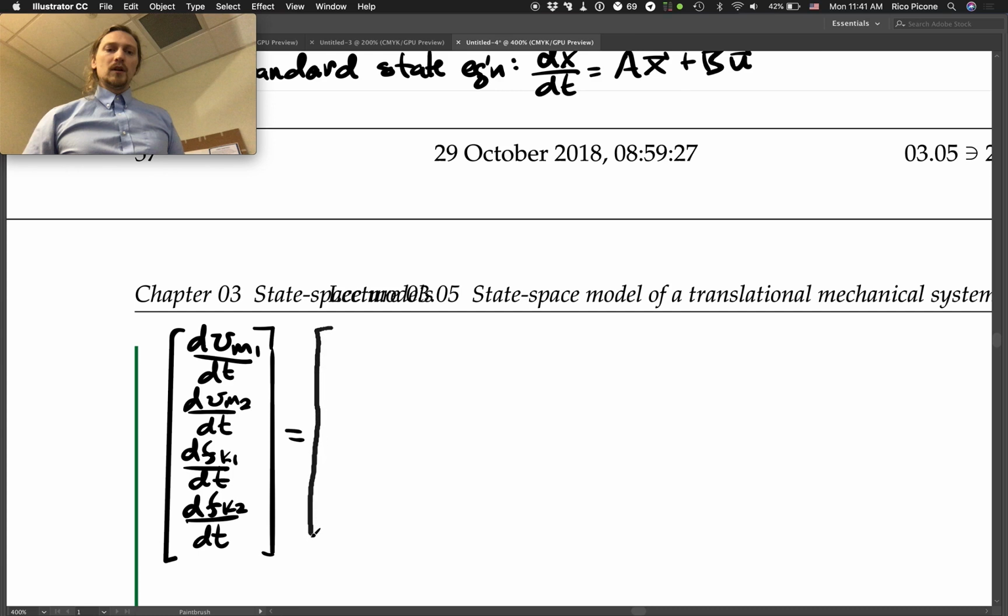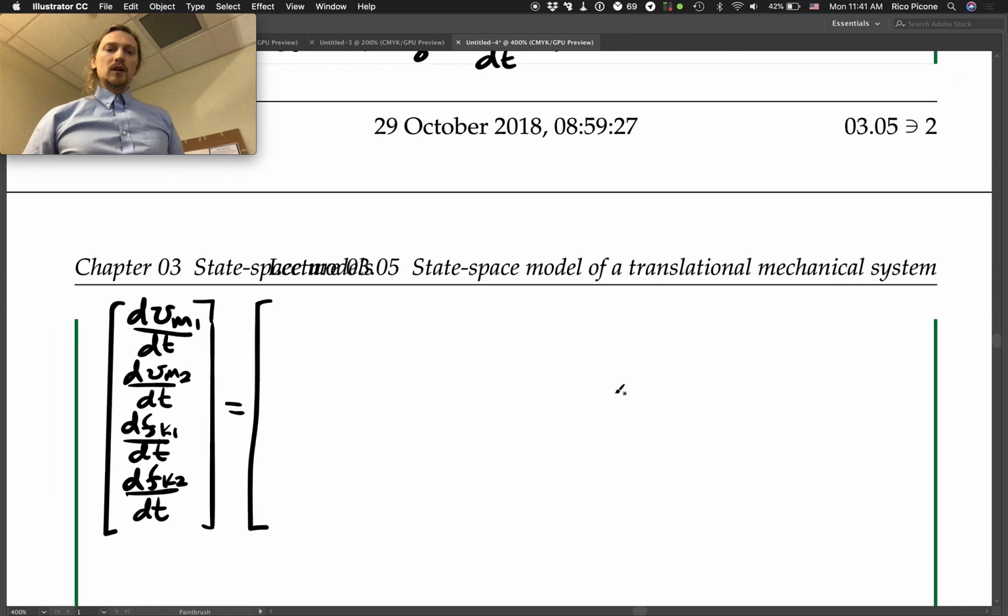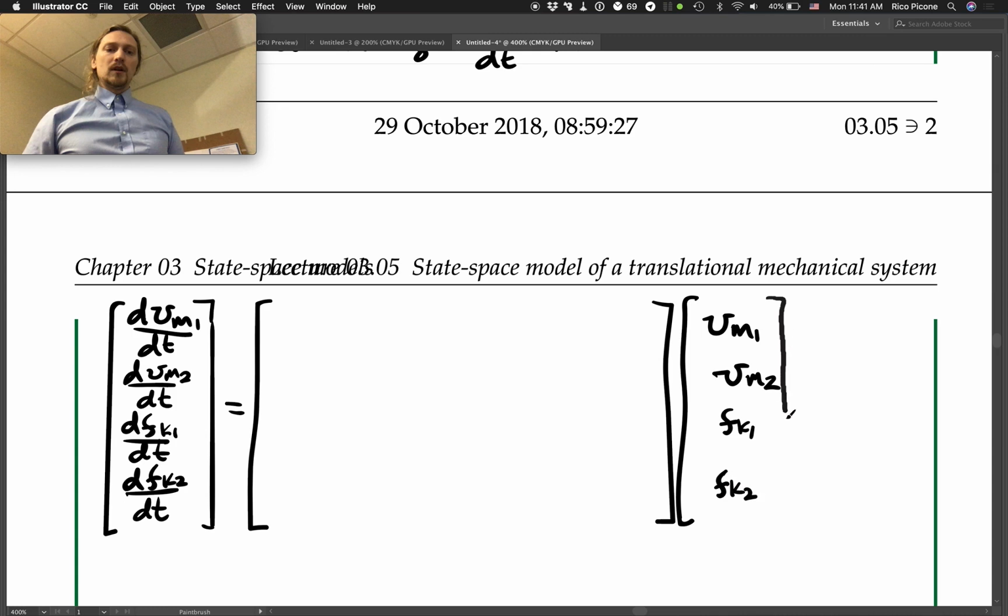So the A matrix is going to be a what by what? 4 by 4, because it's a fourth order system, right? And so the A matrix has to multiply the state vector, which is a 4 vector. So Vm1, Vm2, Fk1, Fk2, a 4 vector.